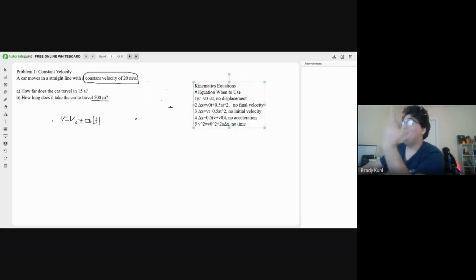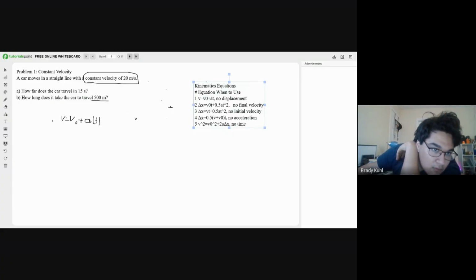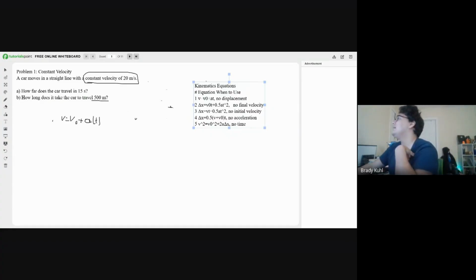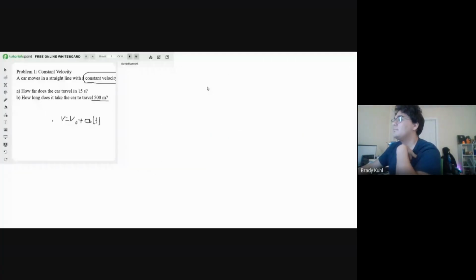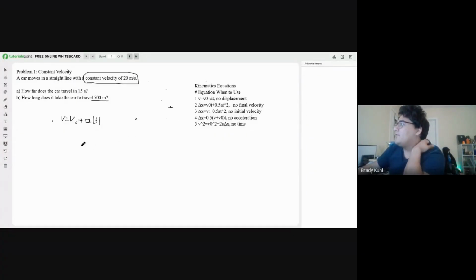We don't have a final velocity, so we use this formula. Now that we know what formula we need to use, we can plug it in.